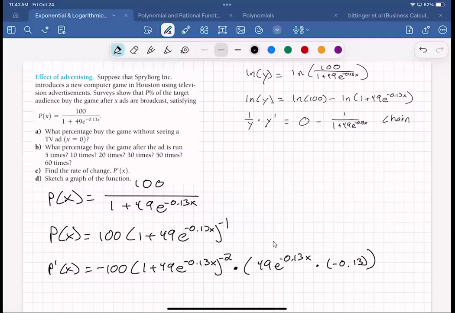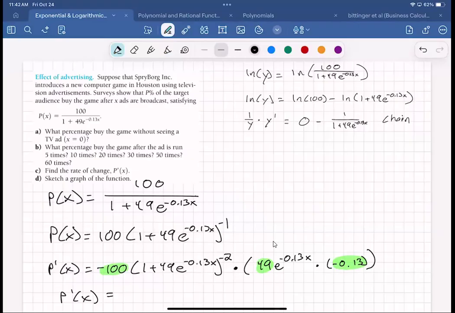Now, a way to clean this one up. We can multiply the 100, the 49, and the 0.13. All of those are not with negative exponents is the key, so we can multiply these values together. That'll give us what, 637.